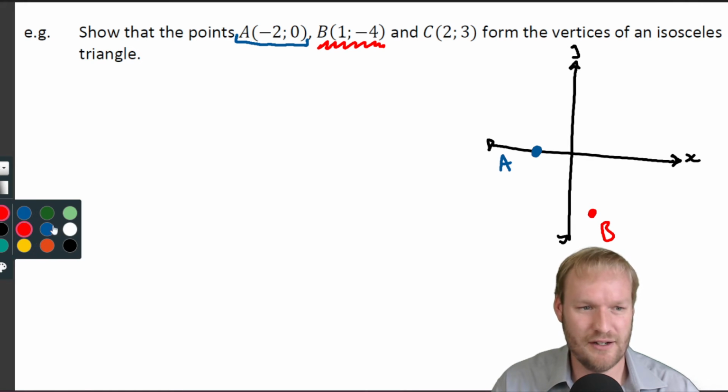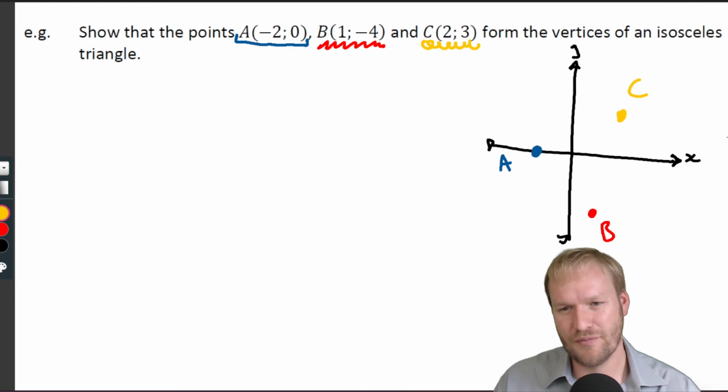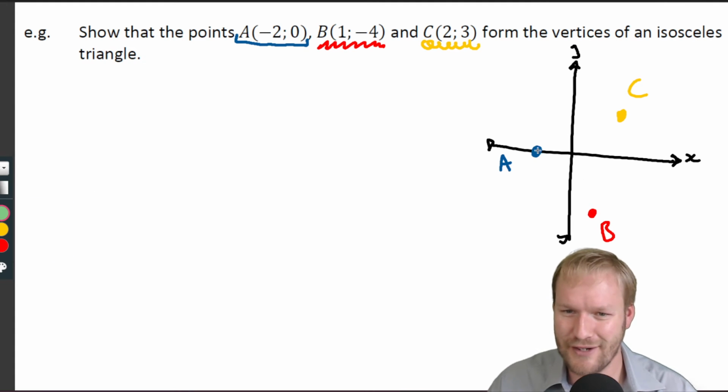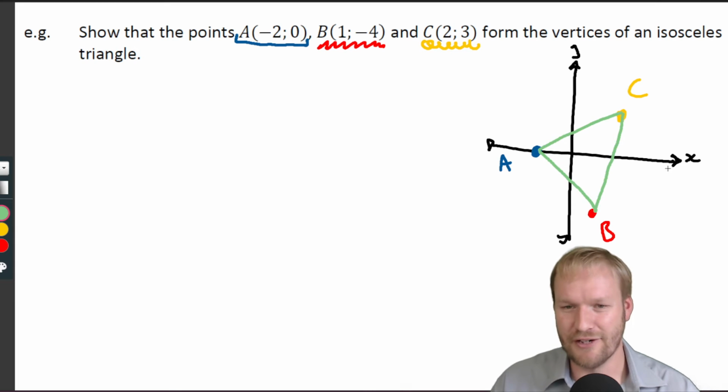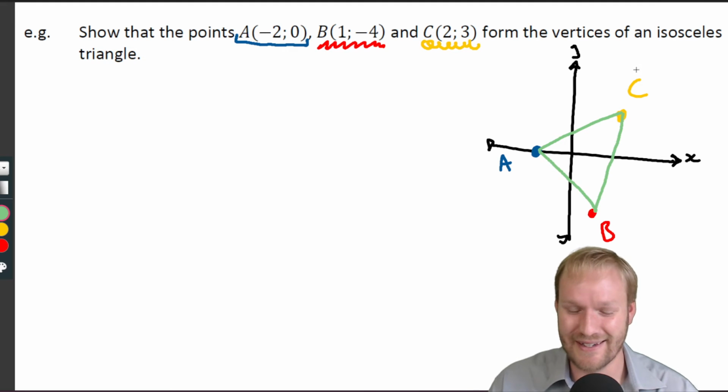And C, I'm doing over here, and C is at 2, 3, somewhere over there. Okay, I don't know if that really helped, but it is just to draw a triangle, and there it is. I'm not sure which two are going to end up being equal. With my diagram, if C were way up here, it might give us an indication.